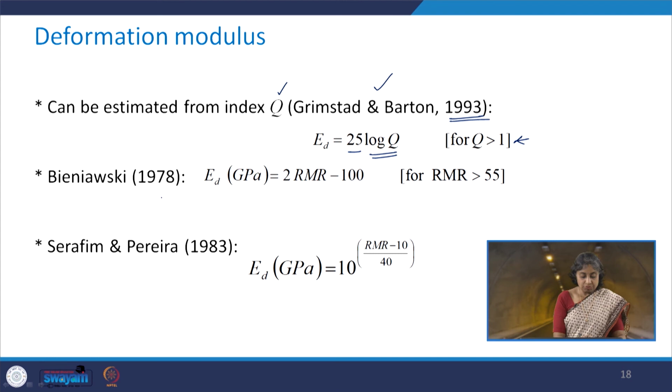Coming to the next one, given by Bieniawski in 1978, the modulus of deformation is 2 times RMR minus 100. Further, one of the most commonly used expressions for the deformation modulus is given by Serafim and Pereira, that is deformation modulus equals 10 to the power (RMR minus 10) upon 40.